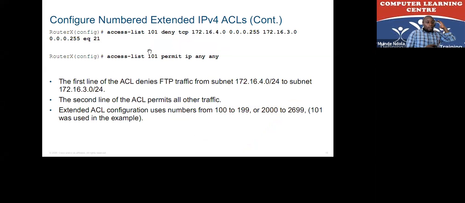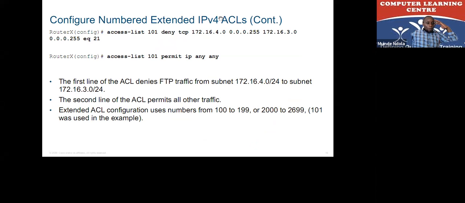So like in this case, we have access-list 101 deny TCP. The protocol that is being denied is TCP. The source is 172.16.4.0, the entire subnet, with the wildcard mask 0.0.0.255. Then the destination is 172.16.3.0 0.0.0.255 eq 21.